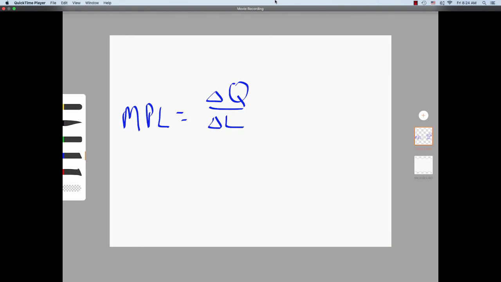So let's say that output with one worker, so here's the amount of labor we have, one worker can produce with a fixed amount of capital, let's say 10 units.